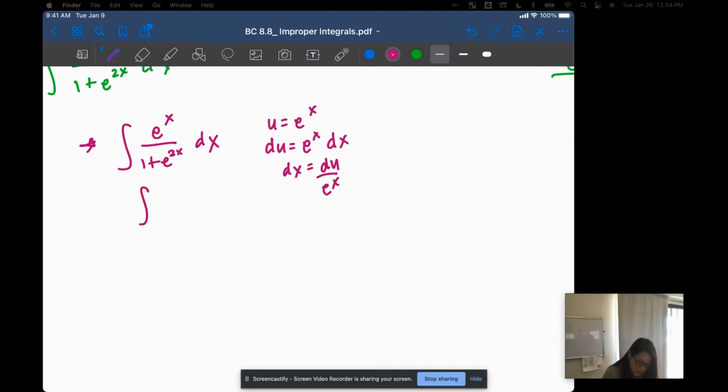So I'm going to go ahead and substitute in u over 1 plus u squared, since it's e to the 2x, times du over e to the x.